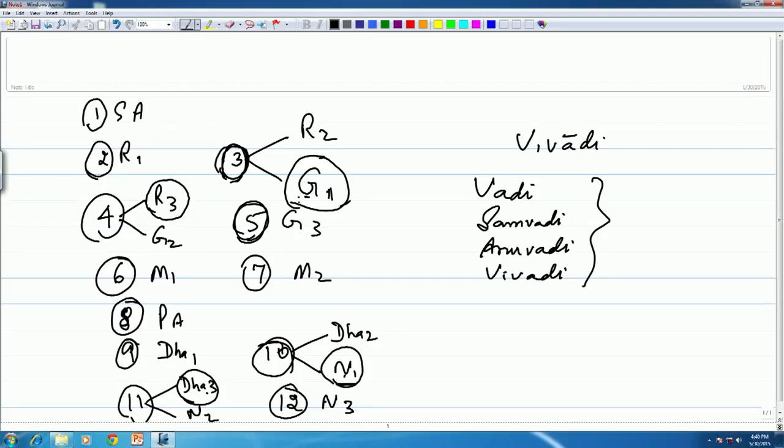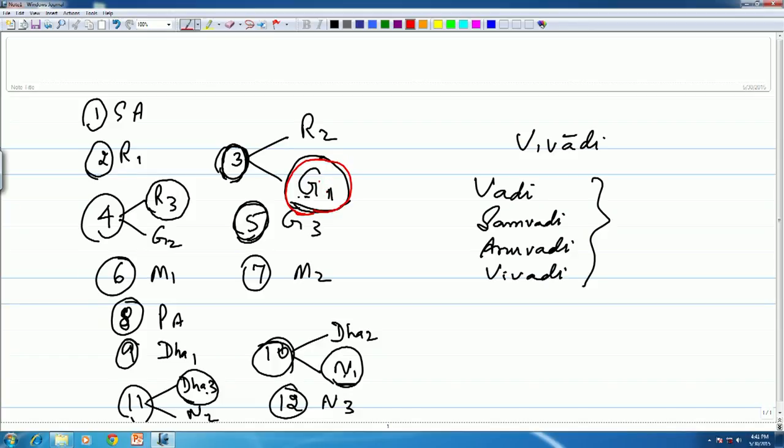And what is a Vivadi mela or a Vivadi raga? It is a raga or a mela in which we have this swara. Please note, I am not saying this swarasthana, this swara, that is G1, Shuddha Gandhara.